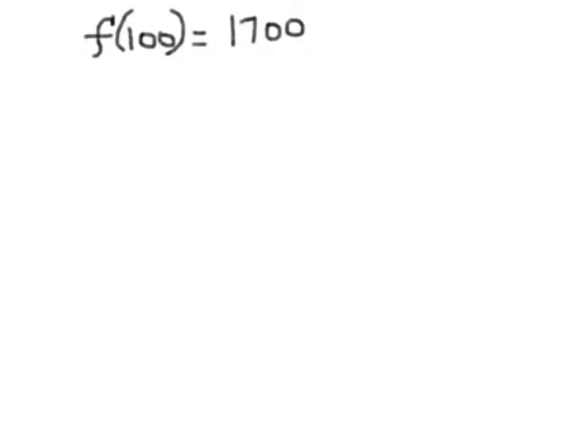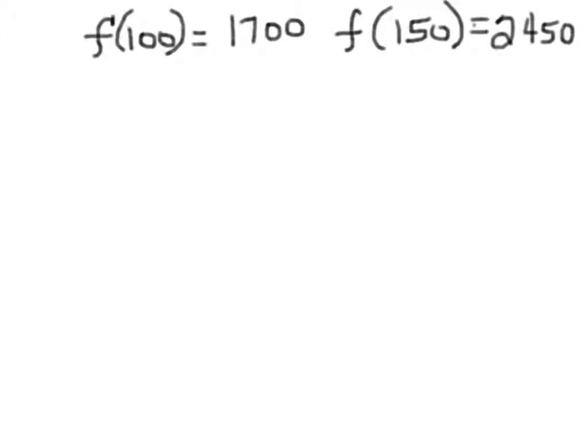And we have also got another amount. It says if 150 go, it's going to cost $2,450. Now these things we have to do because it's not a per person cost. So most of these events have a flat fee, and then you pay per person. So we're going to do exactly what we did on the examples. We're going to find the slope by subtracting the f of x's.